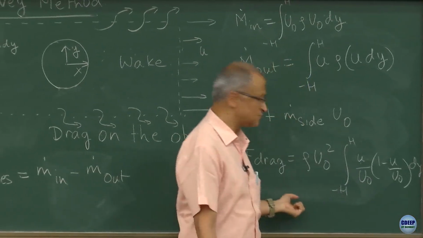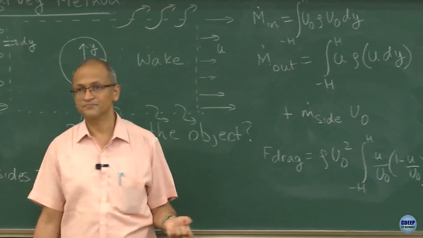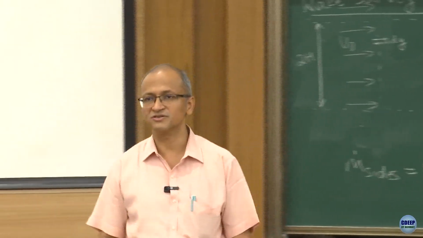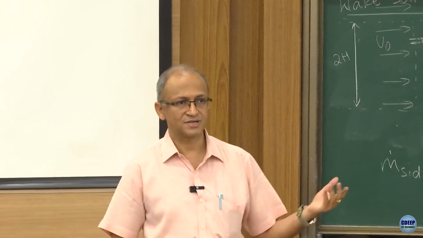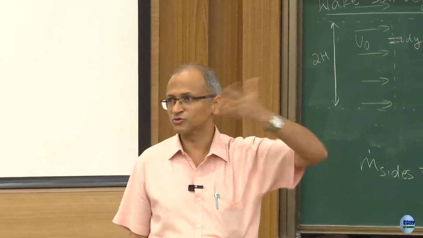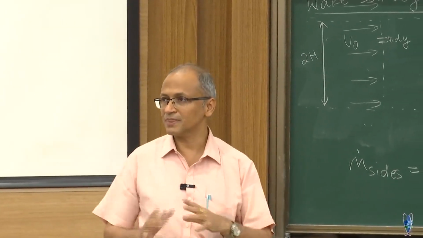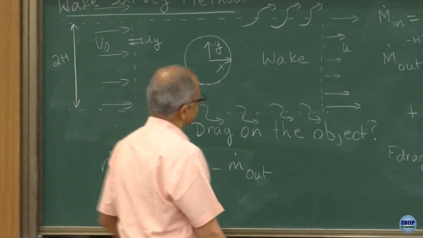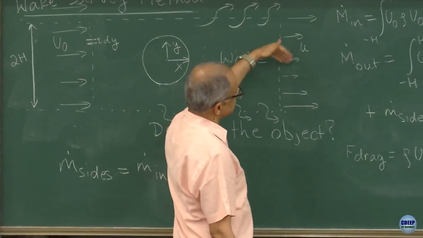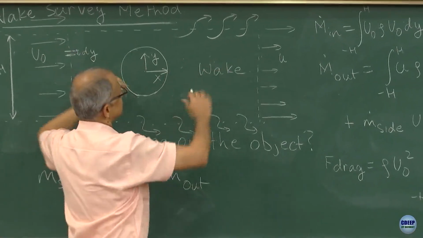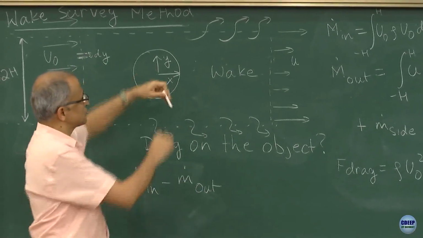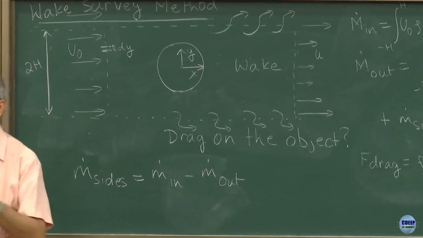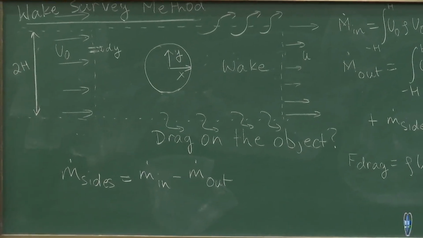So the drag force that I will get will be different now. u is changing. If I put a different shape object, let us say I have chosen a very large control volume to begin with, and then I put a plate which is aligned with the flow or a plate which is perpendicular to the flow, I can see that my velocity distribution will differ.